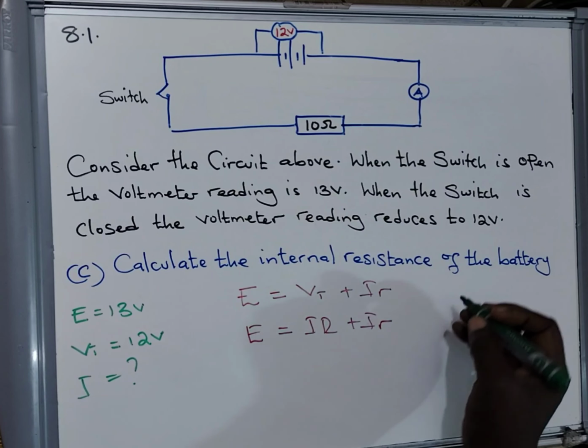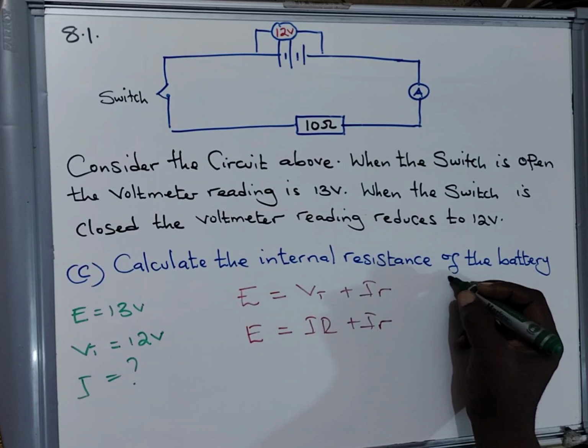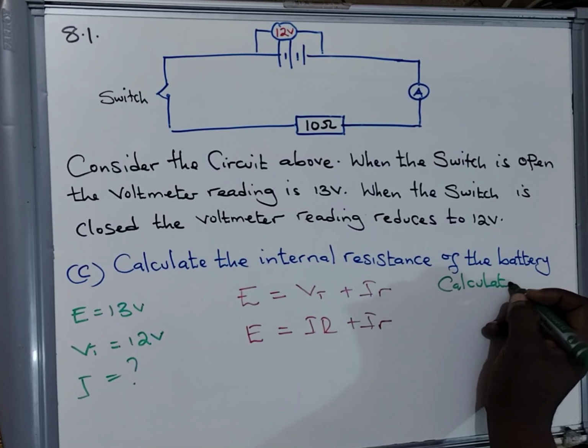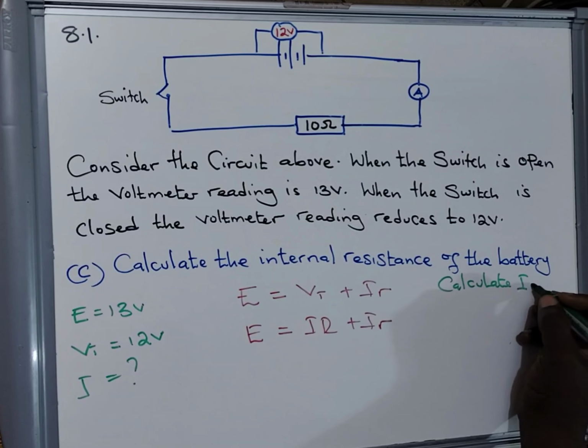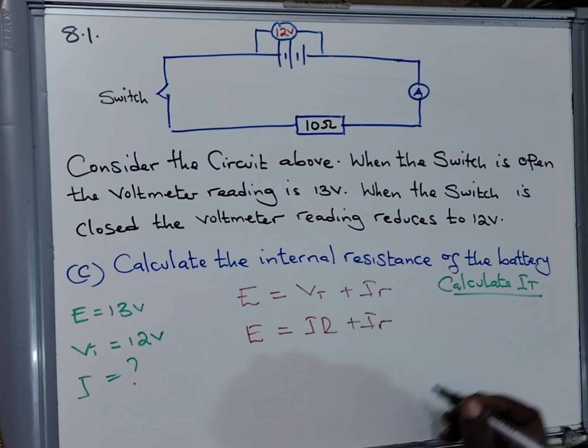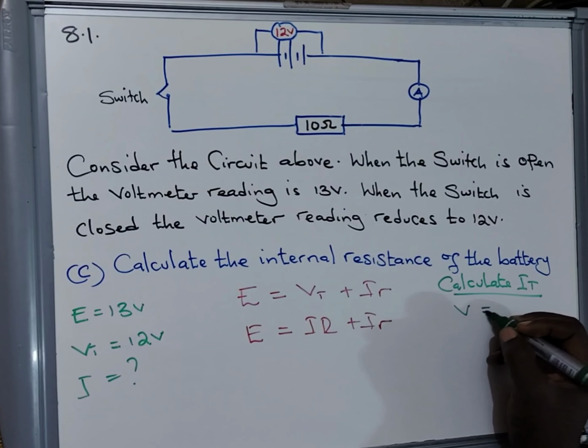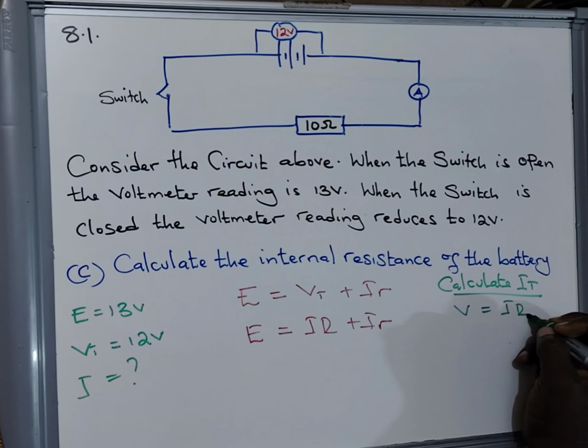So let's use this space and say, calculating I. This I is I terminal. For that case, you say V is equal to IR.